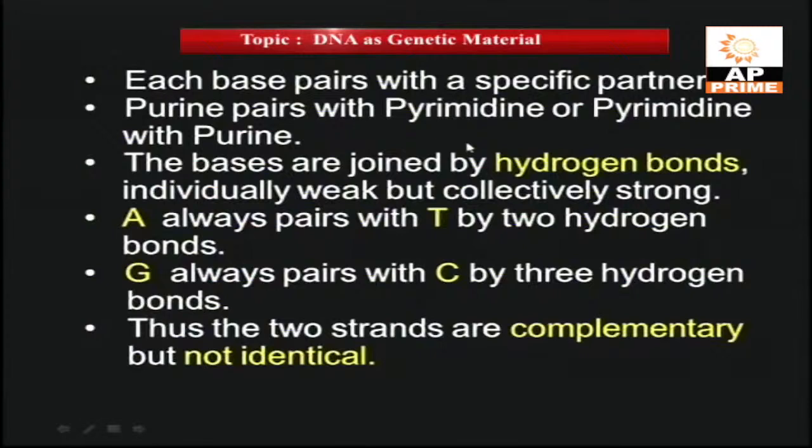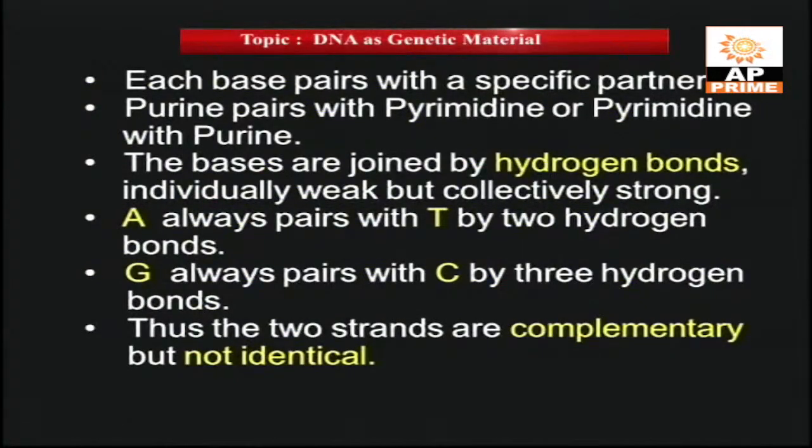If one strand has a purine base, the opposite strand will have a pyrimidine base. This follows Chargaff's rule, and the bases are joined by hydrogen bonds like this. Adenine pairs with thymine by means of two hydrogen bonds. Guanine pairs with cytosine by means of three hydrogen bonds. How exactly does this take place?